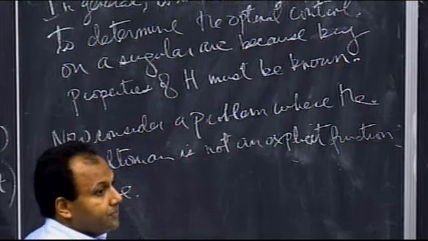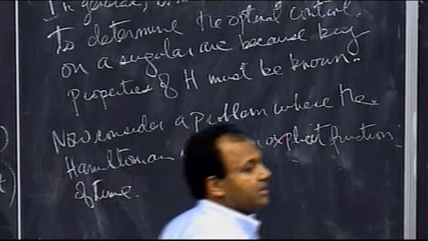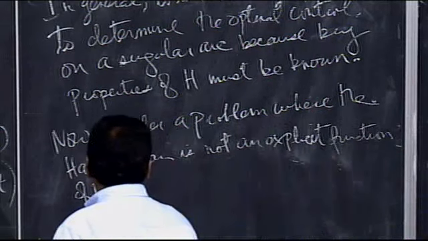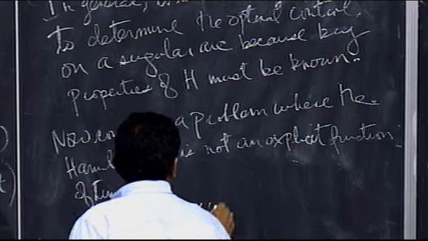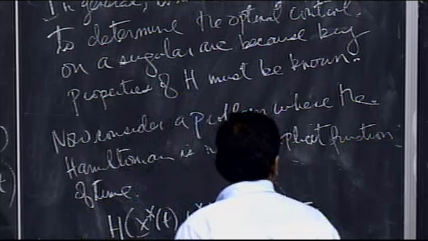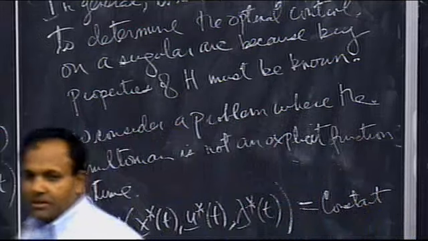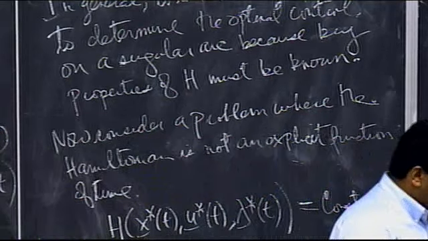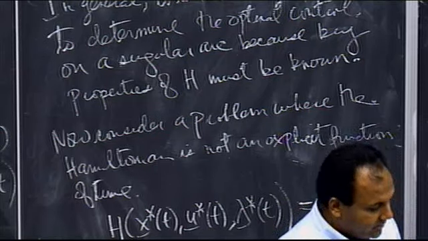The Hamiltonian is constant, right? So that says that H of x star of t, u star of t, lambda star of t is equal to a constant. Notice I dropped the explicit dependence on time because it's not an explicit function of time. So in that case, we actually can do some things related to singular arcs.